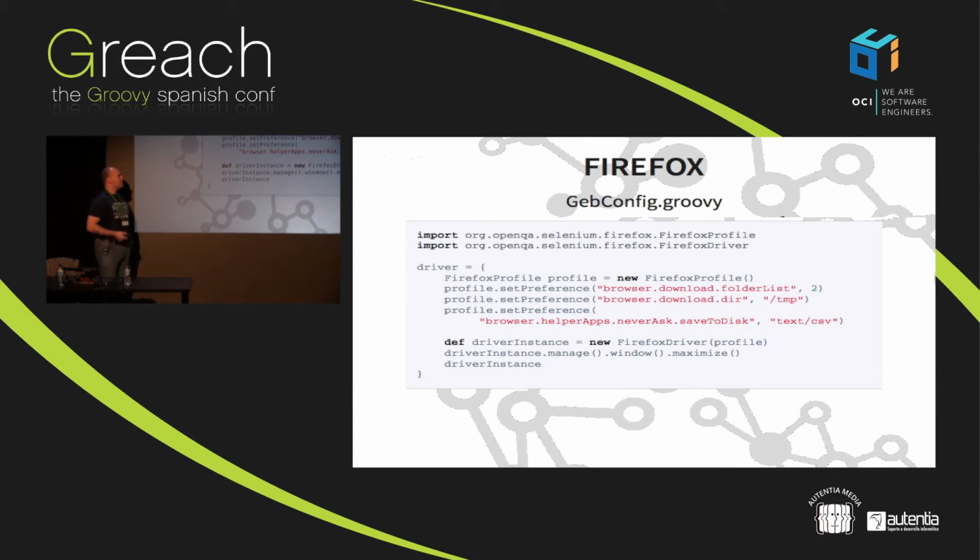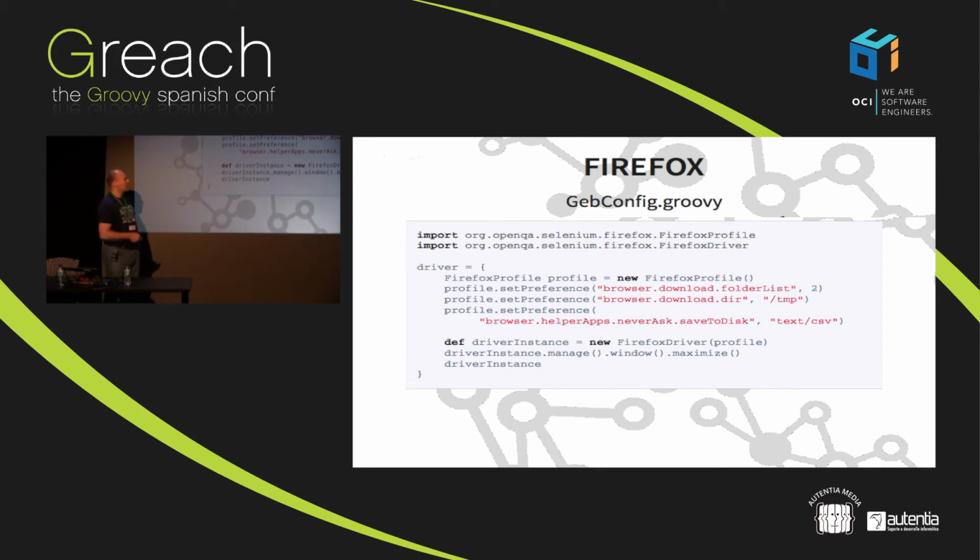So why did I include this huge blob of different configuration? Well, this is because Firefox is the browser to use if you want to test file download. Because in Firefox, you can set a profile, so you can specify where you want your files downloaded to, and especially this one, you can say, don't ever ask, just directly download them to disk.